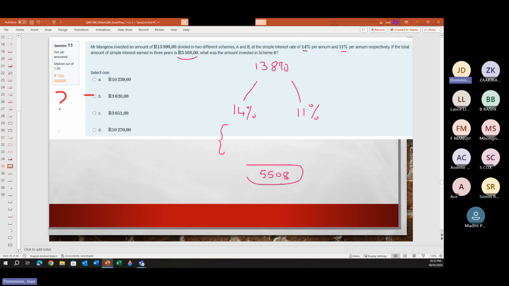Let's quickly see what the simple interest formula is.